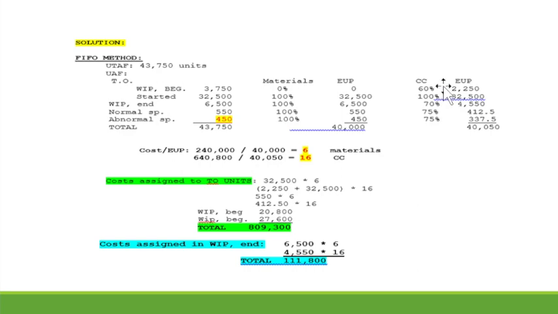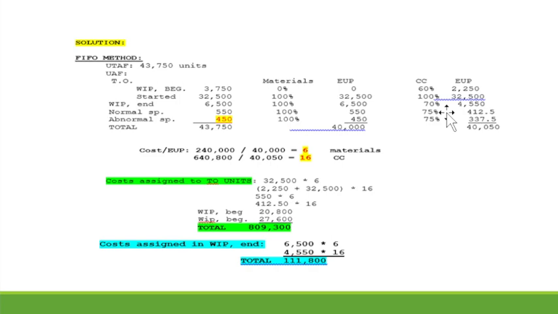Tama? Iba naman ang treatment kapag WIP beginning kasi nga itutuloy mo lang. So yung effort. So remember, yung effort ang tinitingnan natin. Yung effort na ilalagay mo. Yung percentage of effort na ilalagay mo dyan sa item of inventory na yan on this accounting period. Kaya sa WIP beginning 60, sa WIP end 70%. I hope you get that.